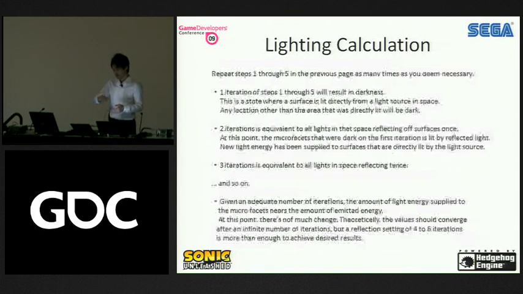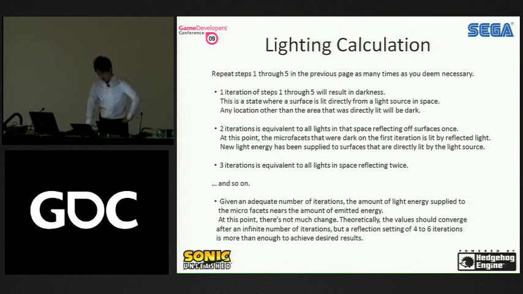Two iterations is equivalent to all light in that space reflecting off a surface. At this point, the microfacets that were dark on the first iteration are lit by reflected light. New light energy has been supplied to surfaces that are not directly lit by the light source. Three iterations is equivalent to all light in space reflecting twice.